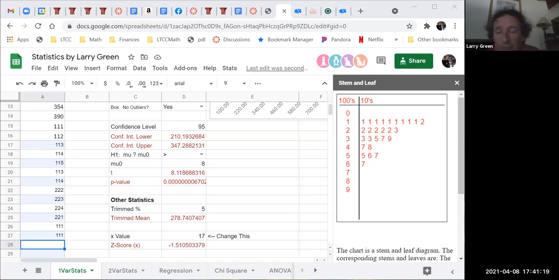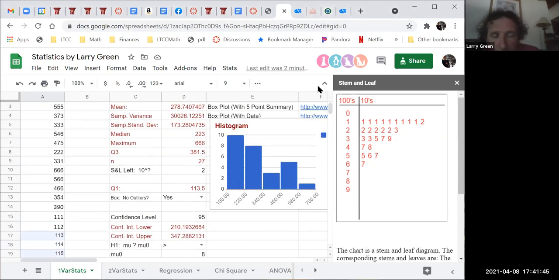Okay, so unimodal means it has one mode or one high bar. Skewed right means that from that high bar to the right, if you kind of move this so that this vertical line is the x-axis, or you looked at it as a histogram. In fact, we can look at the histogram. Where is our histogram? There we go.